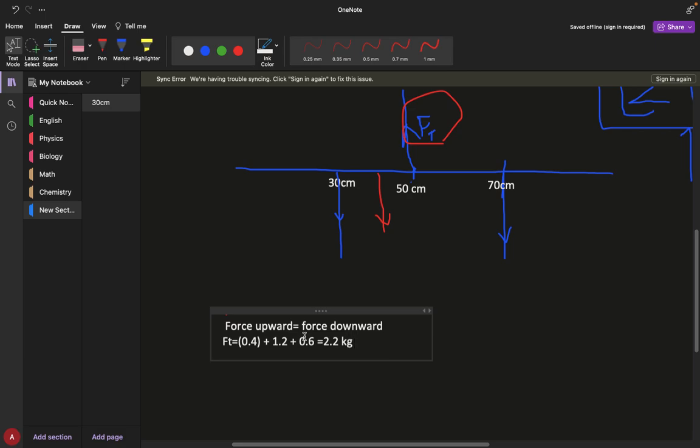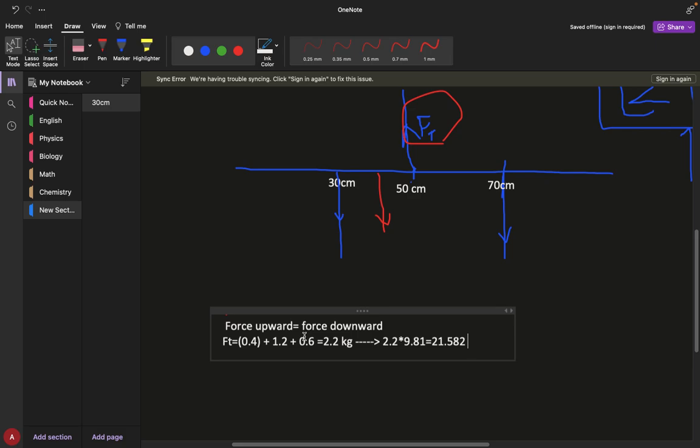Convert it to force. That would be 2.2 times 9.81. Let me see if the calculation is correct.